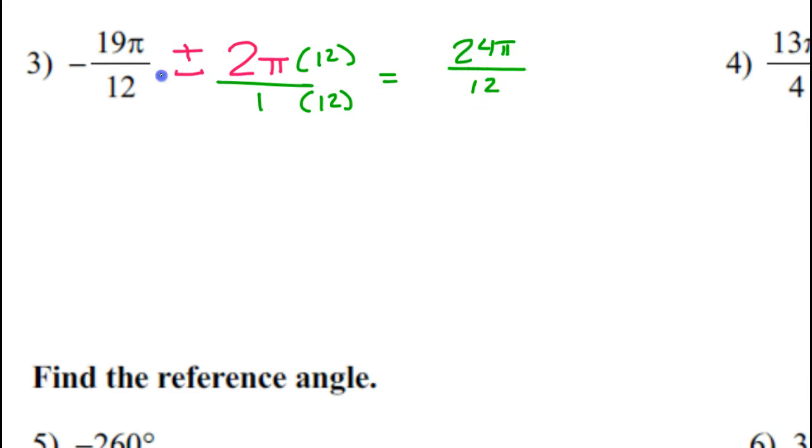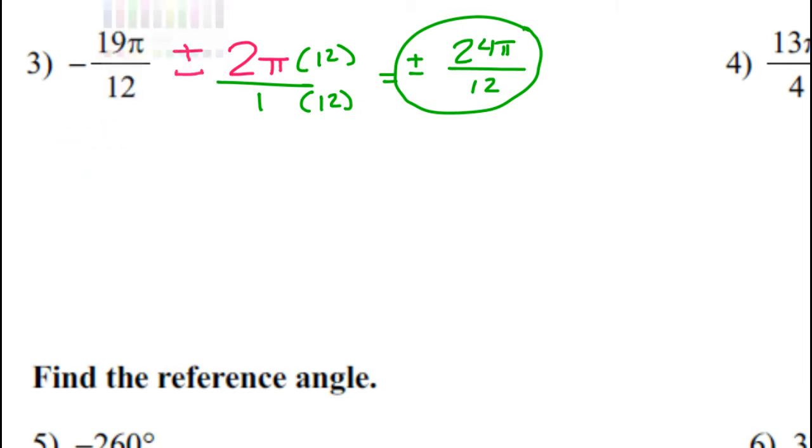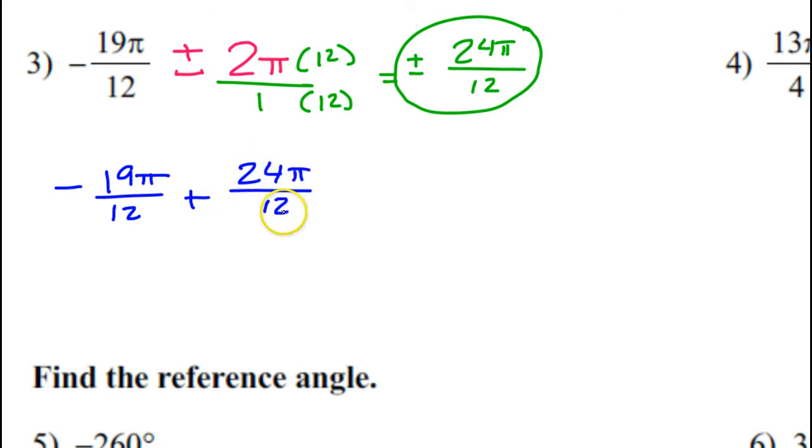So we want to add and subtract 2 pi, but because we need like denominators, we are going to add and subtract 24 pi over 12, which is the same thing. So to get a coterminal angle, we can do negative 19 pi over 12 plus 24 pi over 12. I've got my like denominator, see what I mean?